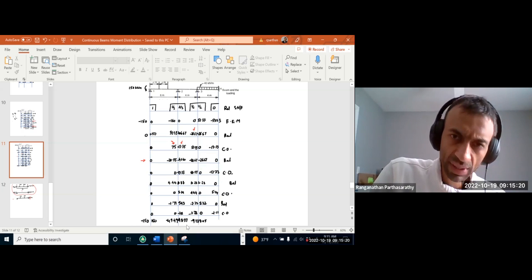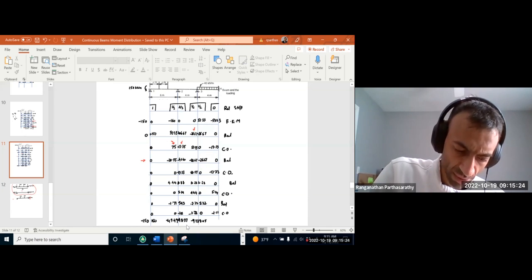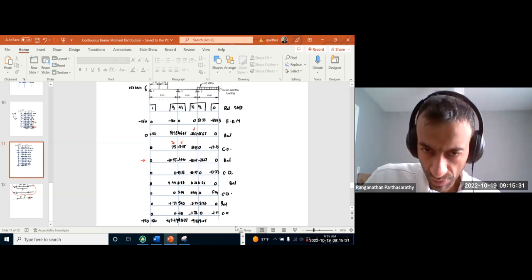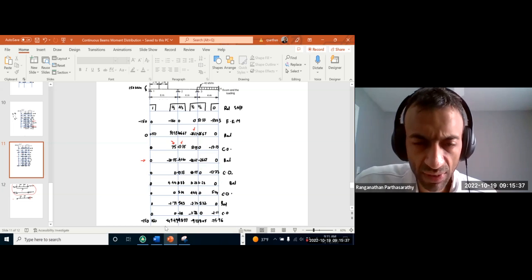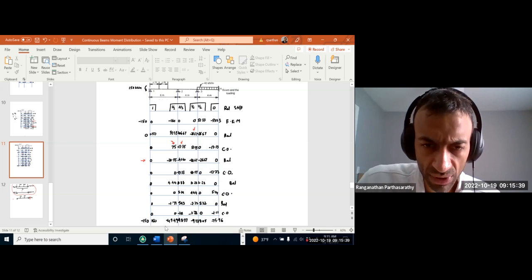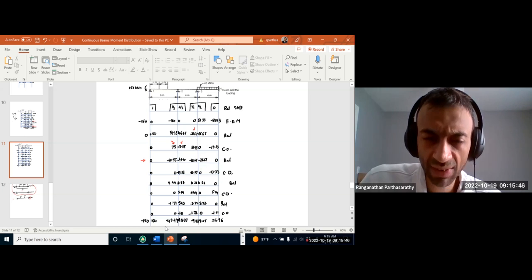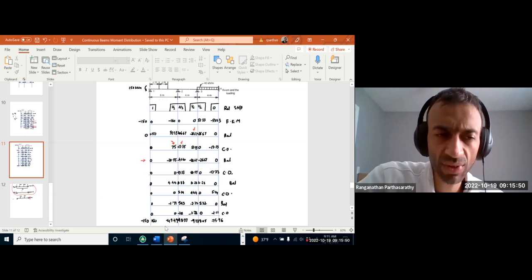Negative 53.33, negative 13.33, negative 13.33, positive 5.14, negative 1.11, negative 75.96. Okay, so you can see relatively the continuous supports, the right moment and left moment are almost balancing each other. We have a bit still, we know how to do it.